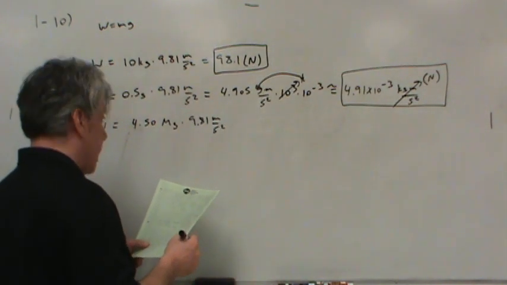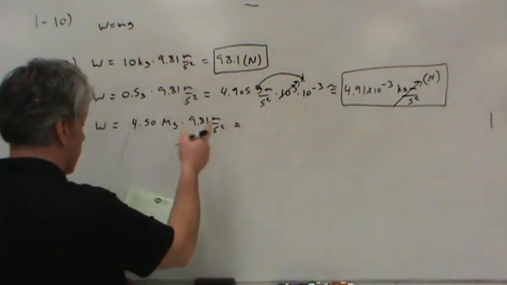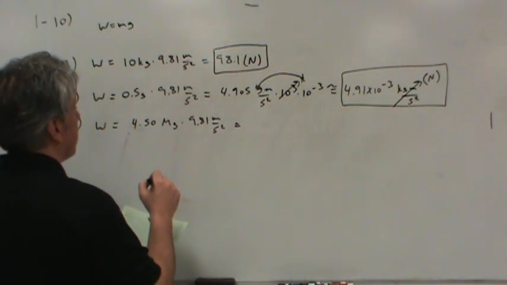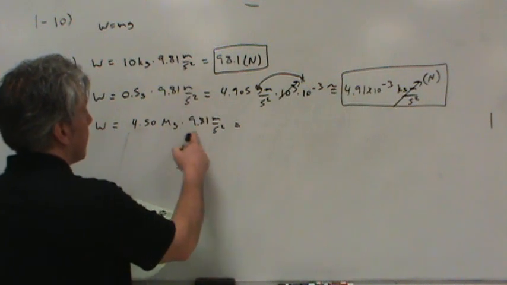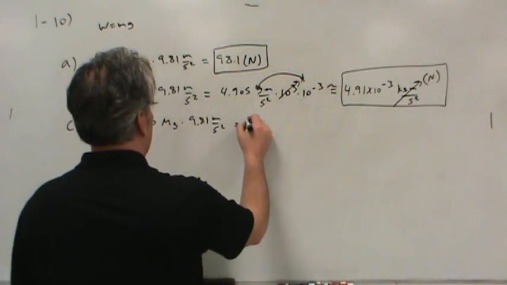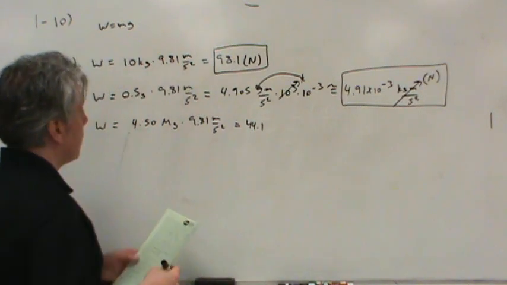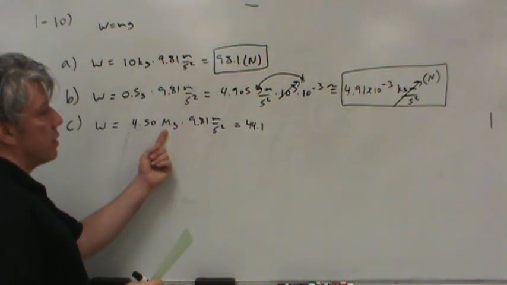I'll multiply this out and use scientific notation along the way. So 4.5 times 9.81 will give us 44.1. Now notice there's mega here, that is 10 to the 6th.